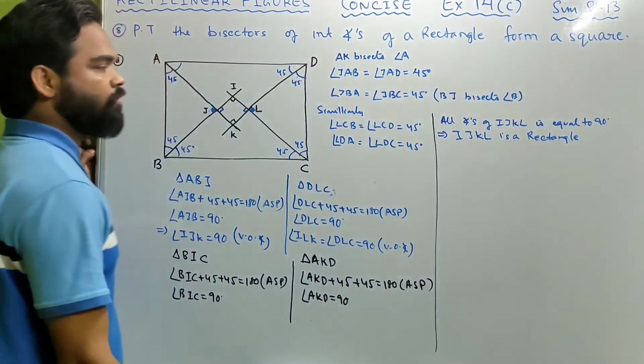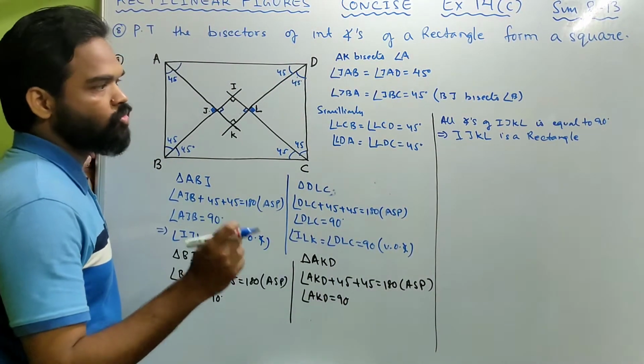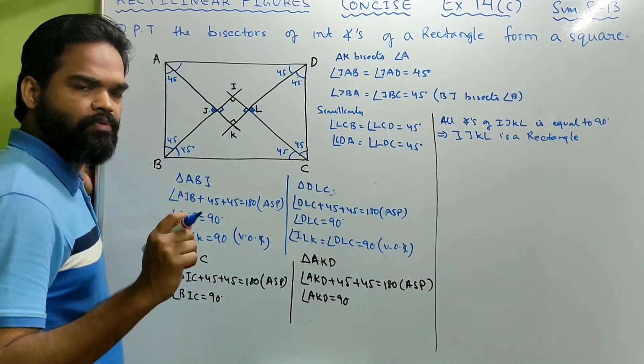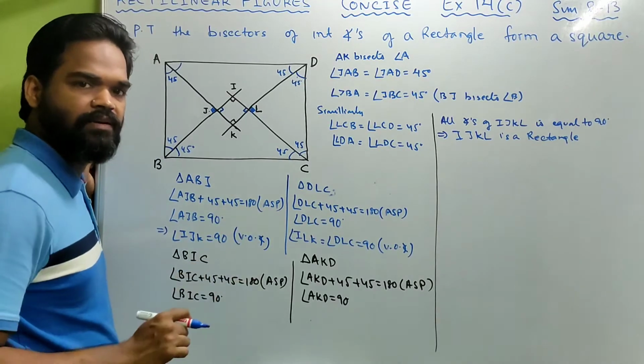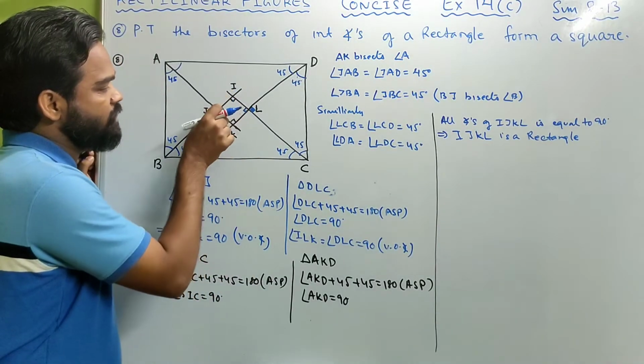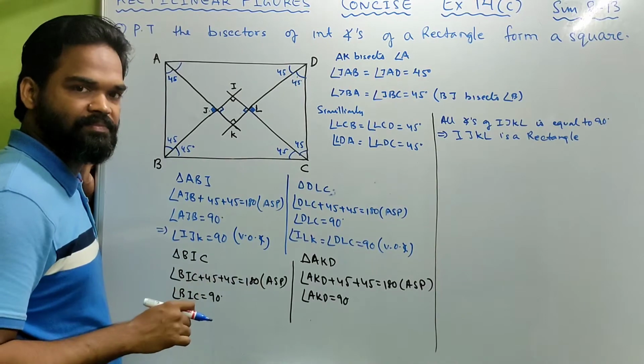Okay, but we need to prove that IJKL is a square. So if you can prove in the rectangle the adjacent sides are equal, our work is done. Which means if I can prove that IJ and JK are same, our work is done.